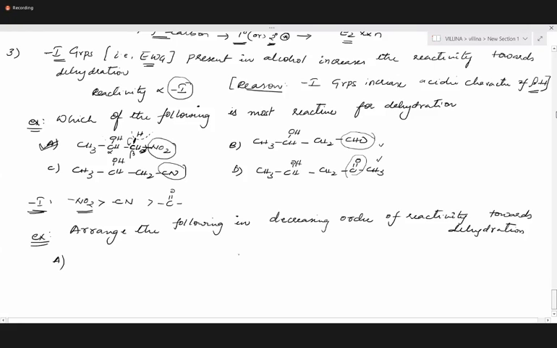The minus I effect is only applicable to certain carbon numbers, right? It's not equal on all carbons throughout the carbon chain. So let's take one by one. 1, 2, 3, 4, 5.